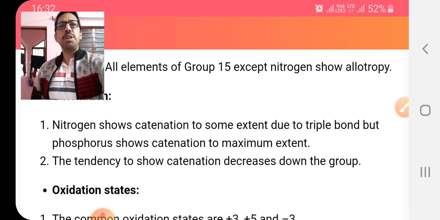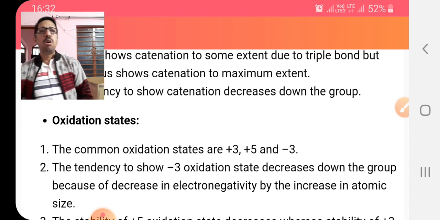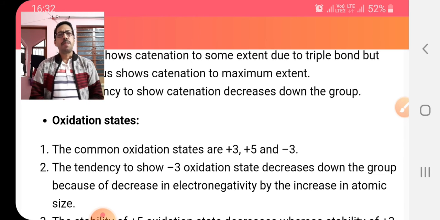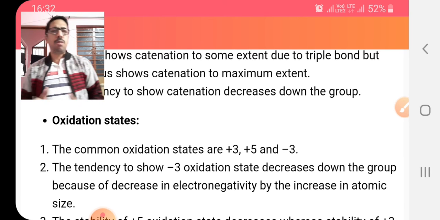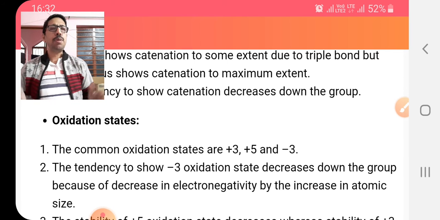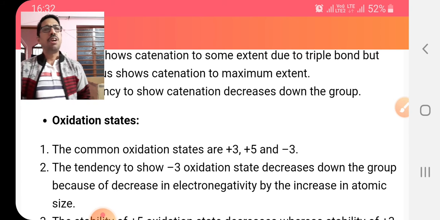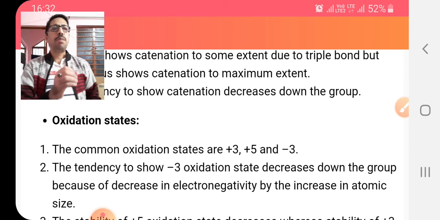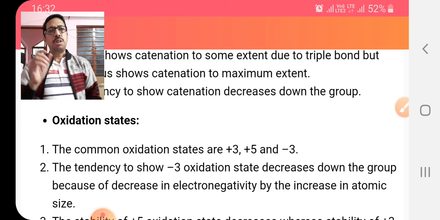Now move on to another point of group 15 elements: oxidation state. Oxidation state is a very important point for group 15 elements as well as for all the p block elements. The common oxidation states are +3, +5 and -3.